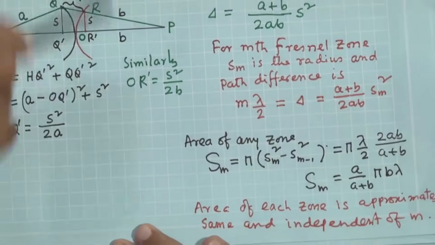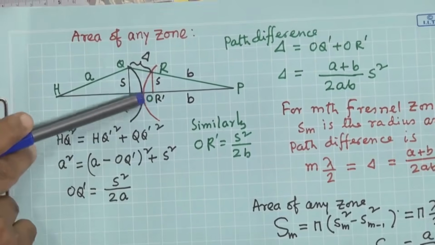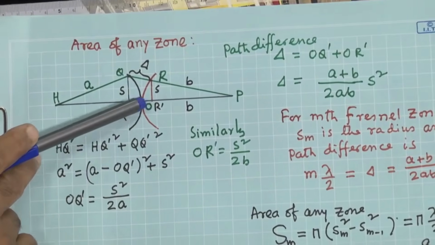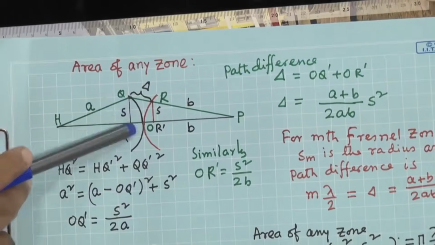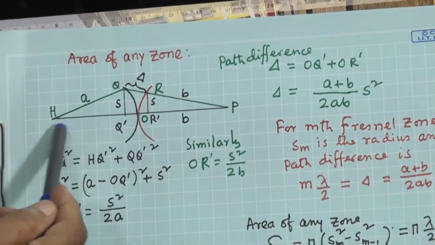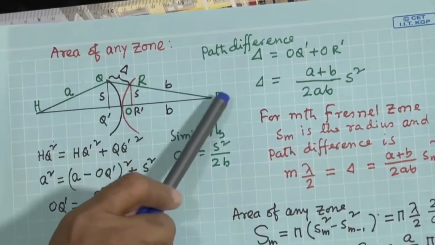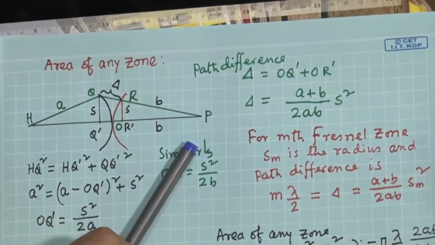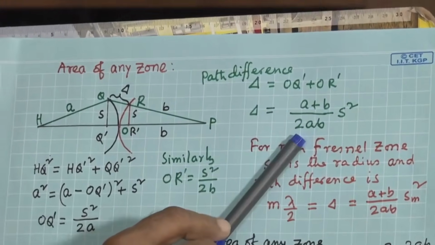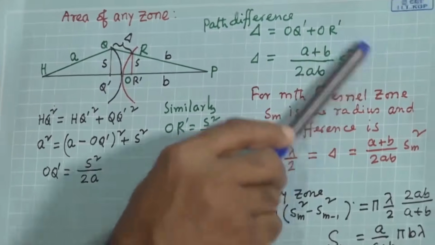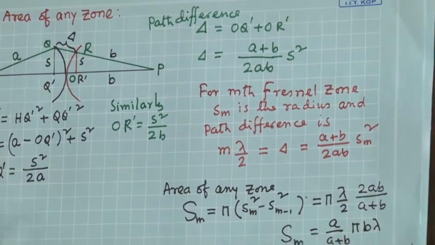On the wavefront you have concentric circles, and the center of the circle is O. The radius of the concentric circle will be S, the source distance from the center of the circle is A, and the screen distance is B. So, whatever path difference you are getting here depends on the source and screen distance, as well as on the radius of the concentric circle, which we are calling the Fresnel's half period zone.